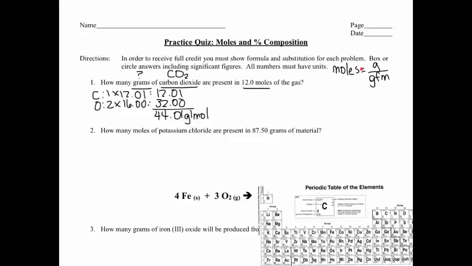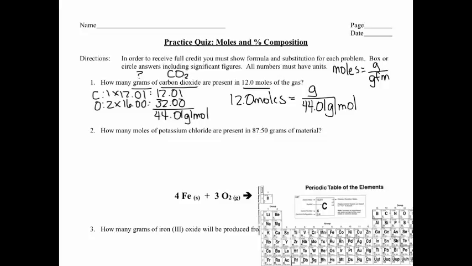We've been given moles, so we're going to plug that in. So we have 12 moles is equal to G, or if you prefer to make that an X, you can. That's what we're solving for. And the GFM we just calculated to be 44.01 grams per mole.